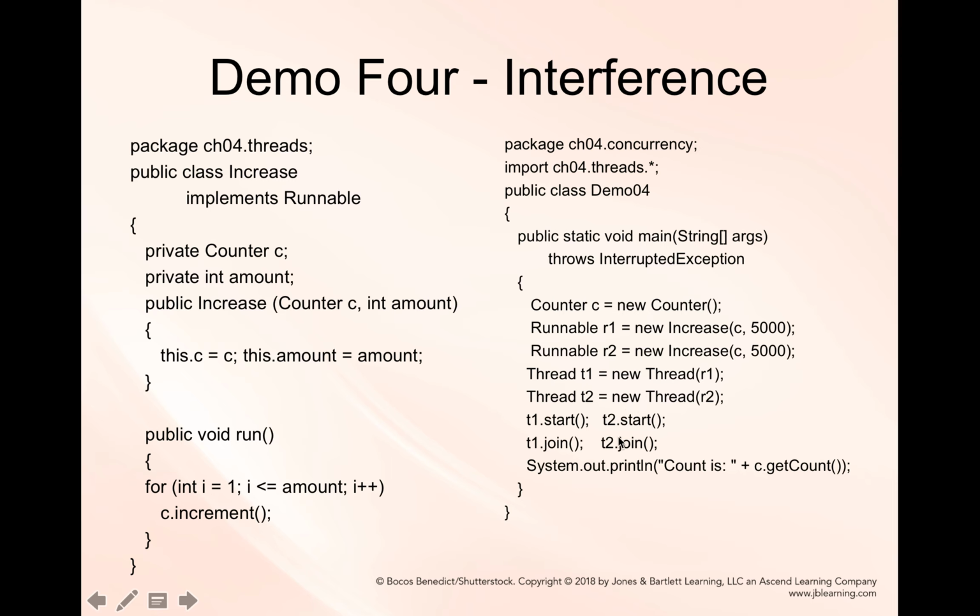After the threads are done, you want to print the value of counter, right? This is a shared memory exercise because the same C is going to both the threads. You're passing the reference. So the threads, when they're running, are incrementing the same count instance variable inside counter, okay?